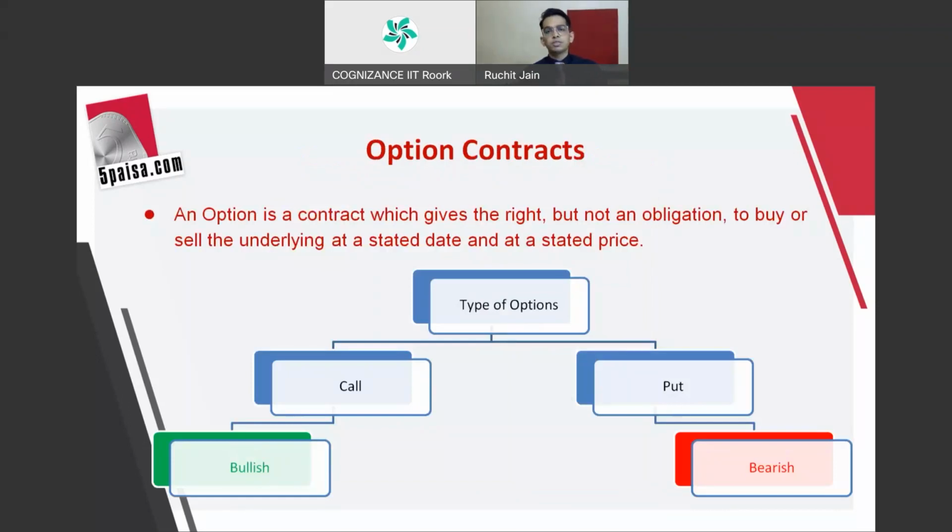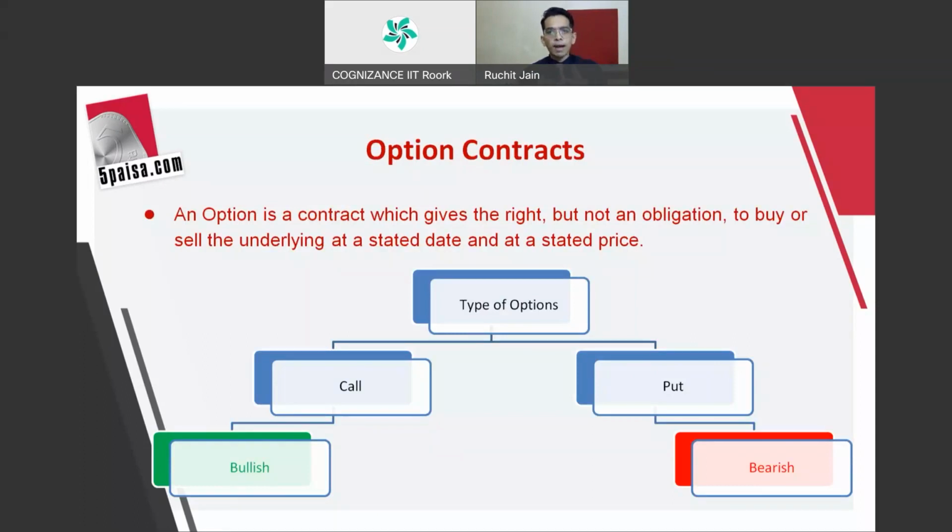Now the main thing is options, where more analysis is done, where more leveraged positions can be taken in futures and options. So by definition, an option is a contract which gives the right to buy the underlying at a date and a stated price. Now practically there are two types of options which are traded on the exchange: call option and put option.